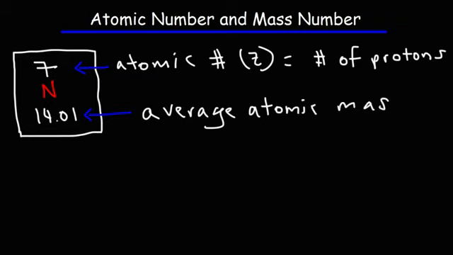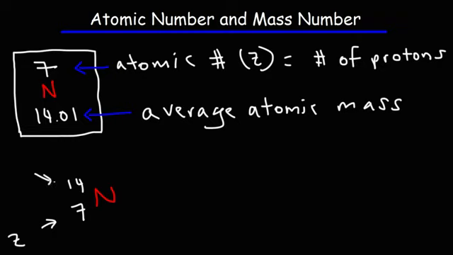There are different types of nitrogen atoms known as isotopes. There's nitrogen 14 and there's nitrogen 15. So this is nitrogen 14. When it's written this way, the bottom number is the atomic number.